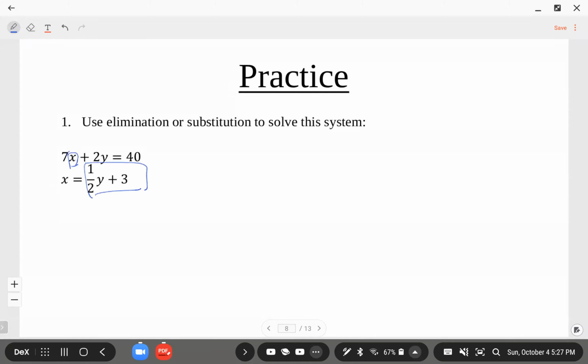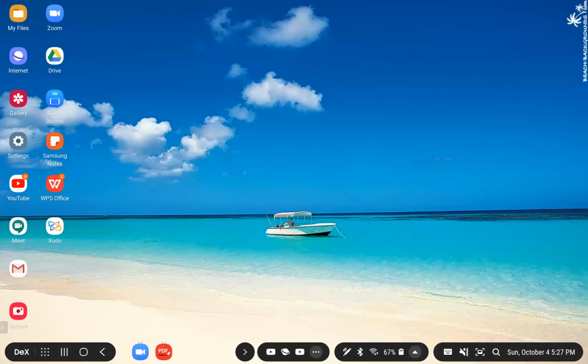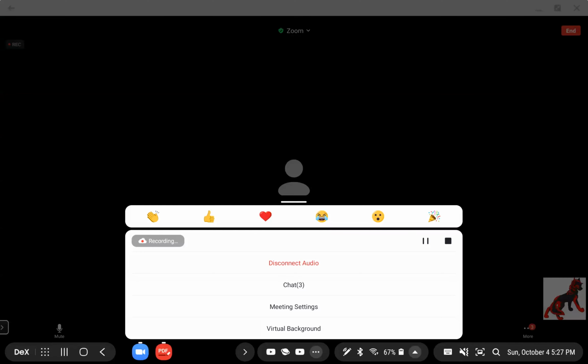They're equal. And then you'll have an equation with only y, and then you can solve it, right? So any questions so far?